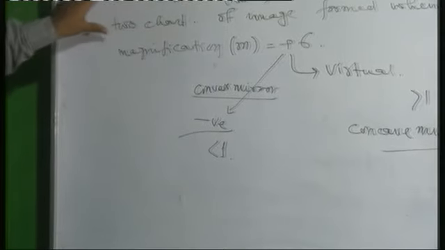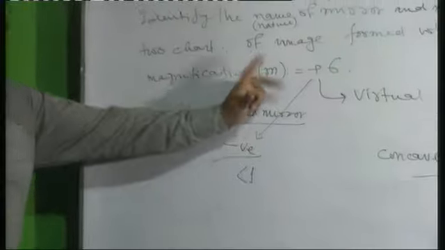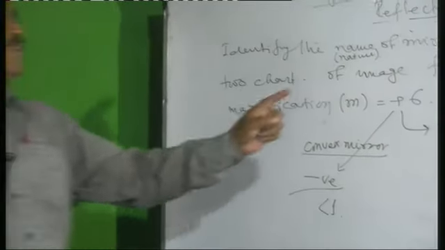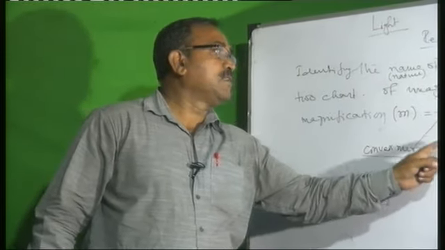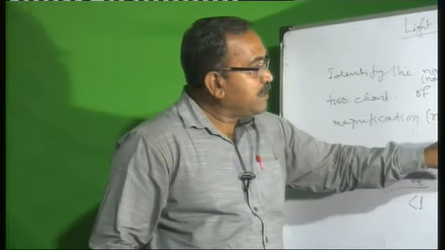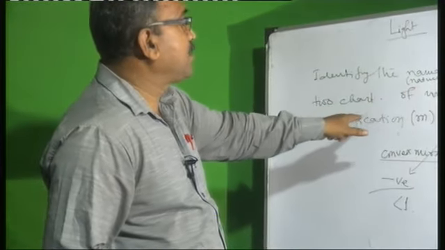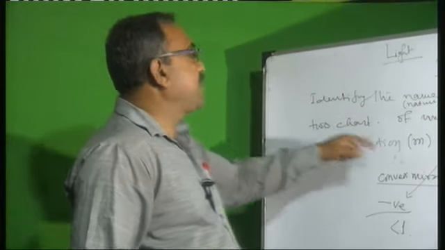So from your previous table, from your concept, you can easily say which type of mirror and the type of the image. You can easily see from your previous diagram, previous table, and characteristics.